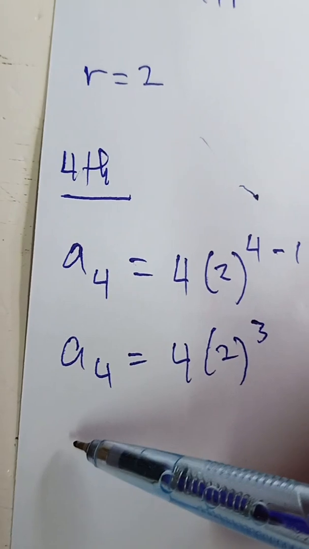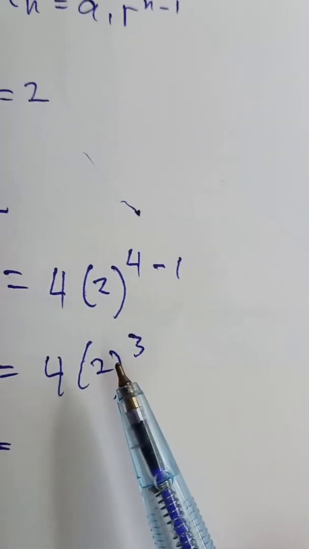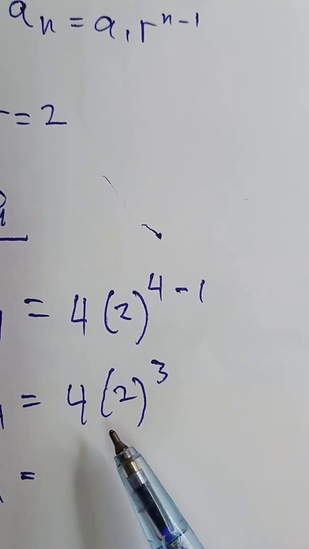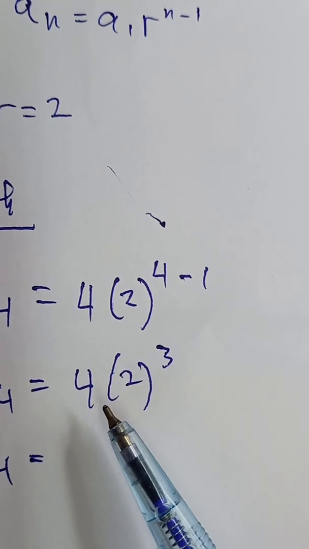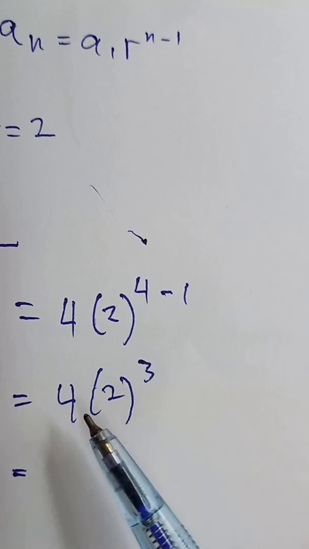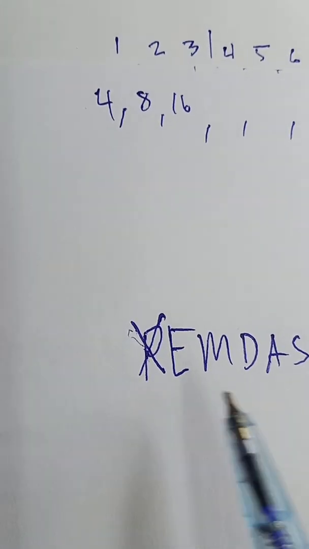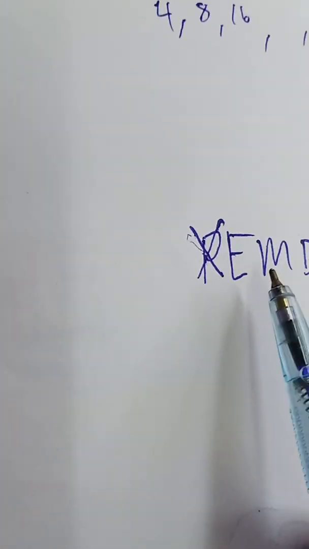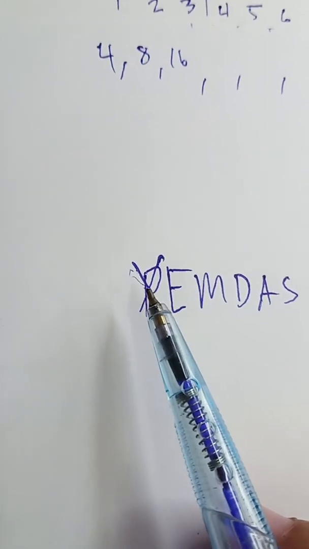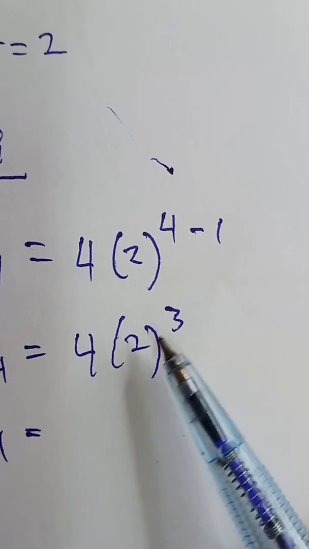Okay. So, next, a sub 4 ulit. As you can see here, meron din operations, di ba? We do not know kung ano yung uunahin natin, yung exponent ba or mag-multiply ka muna. So, of course, magpa-follow tayo ng PEMDAS ulit. P for parentheses, okay, x ulit siya kasi wala ka namang gagawin. For exponent, of course, 2 raised to 3.